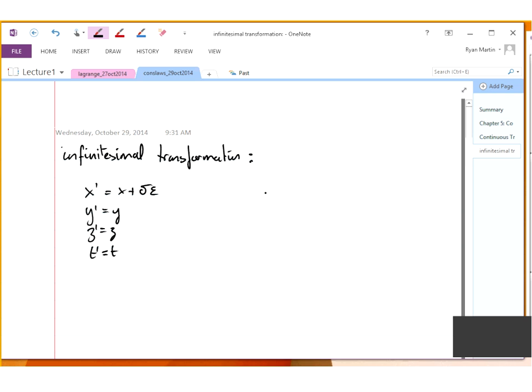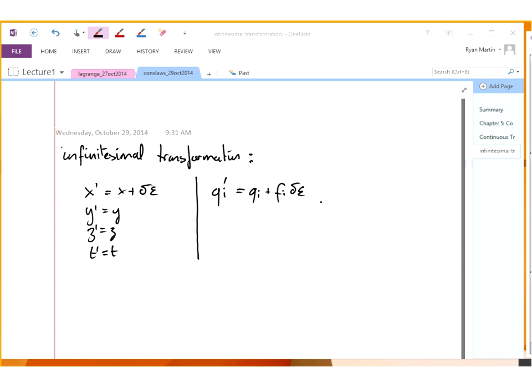So let me compare this with the form that I had, which is that Qi prime is equal to Qi plus Fi delta epsilon.